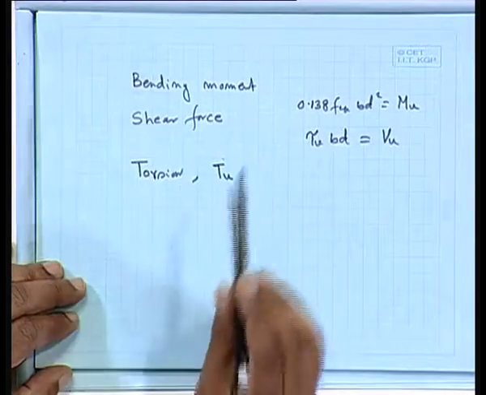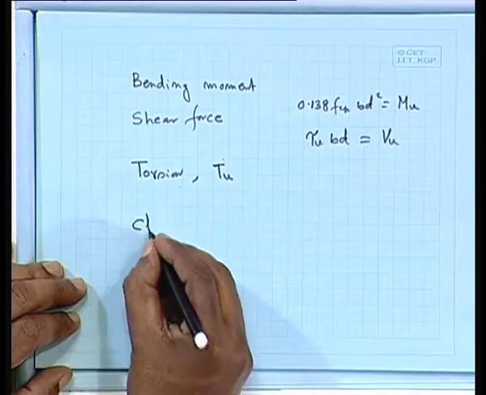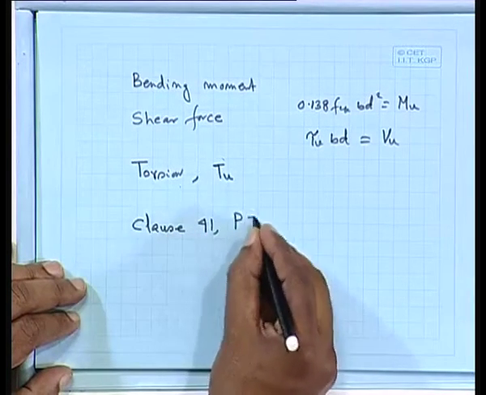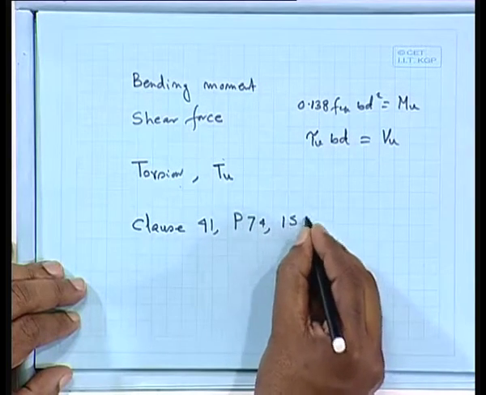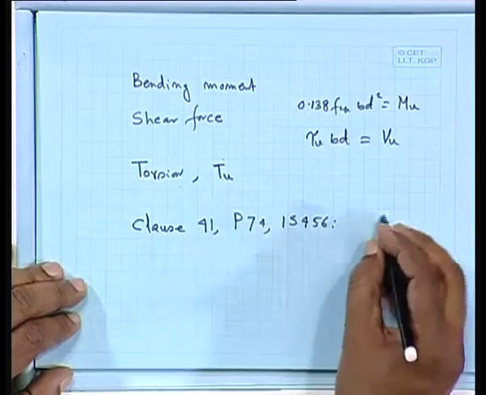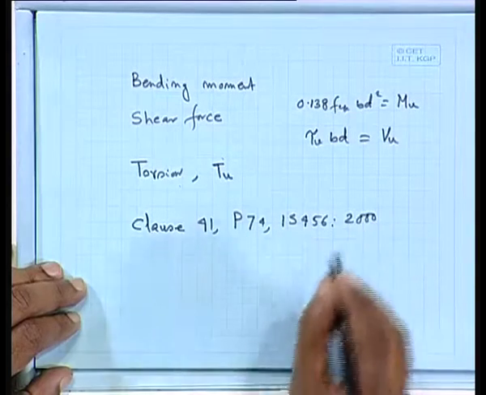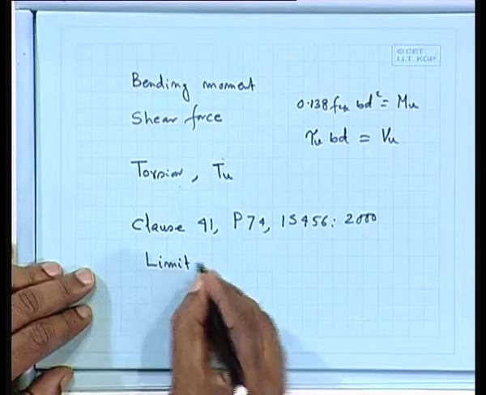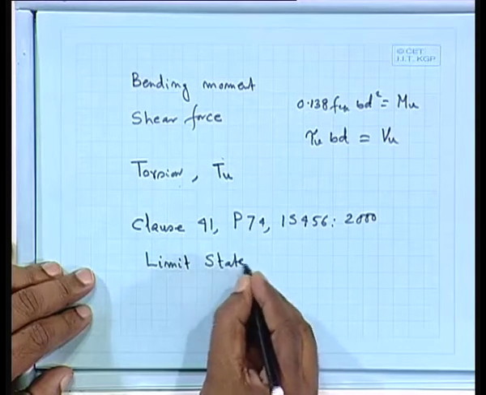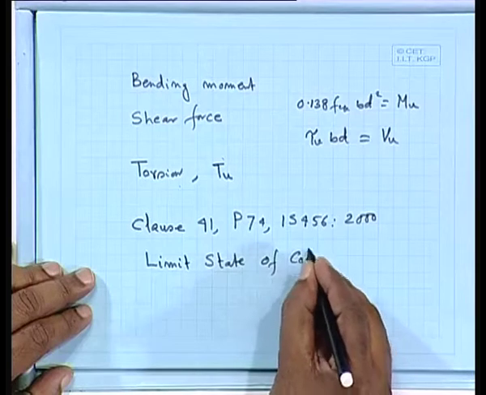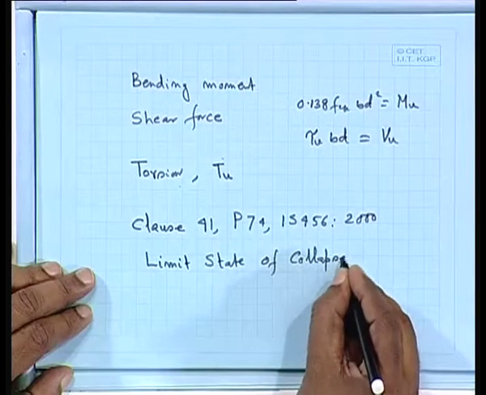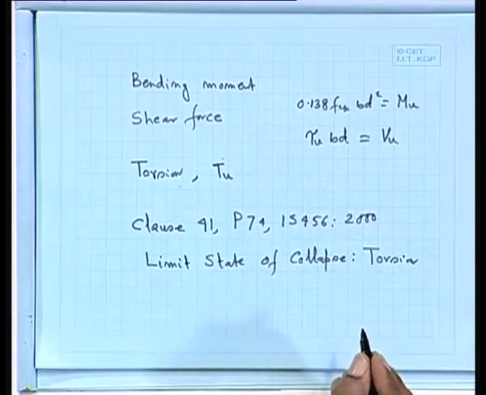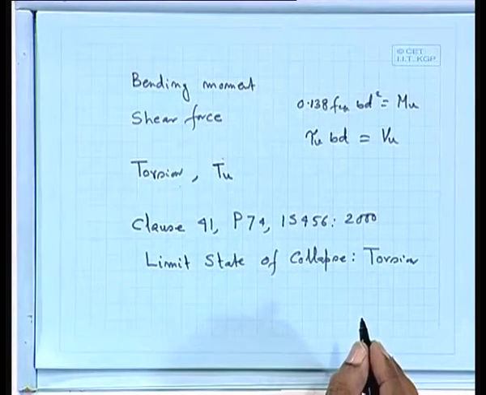This we shall find in the clause, for your reference, clause 41, page 74, IS 456 2000. This is the clause for limit state of collapse, torsion.